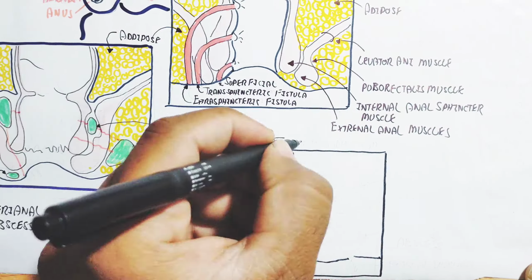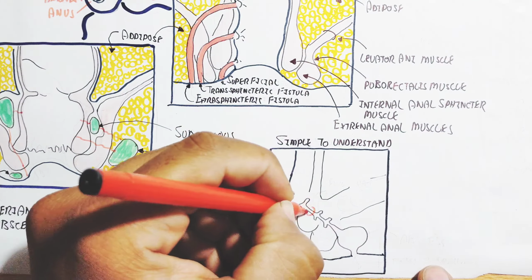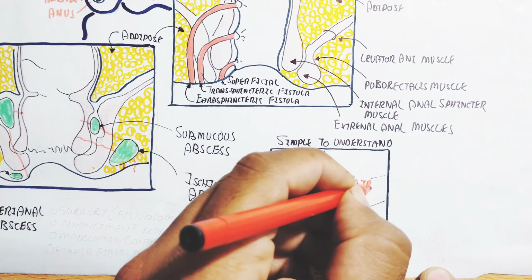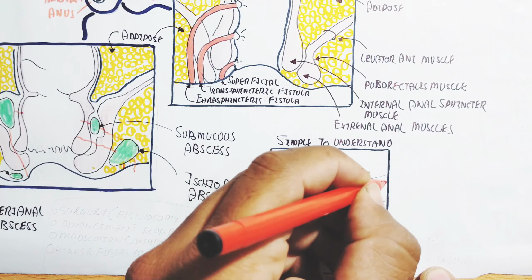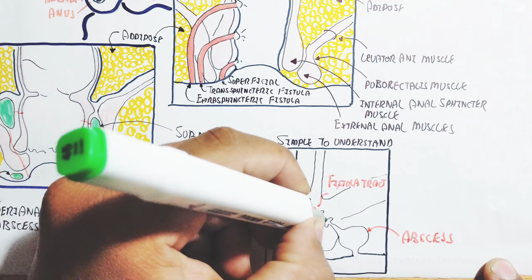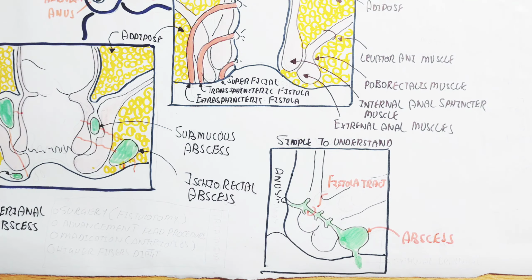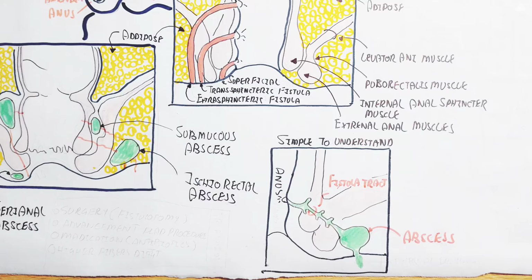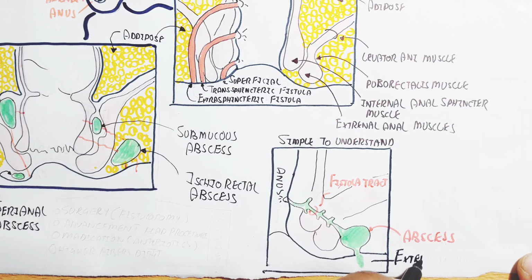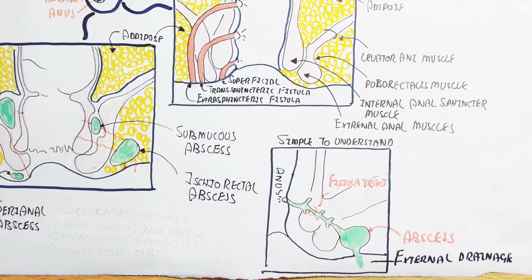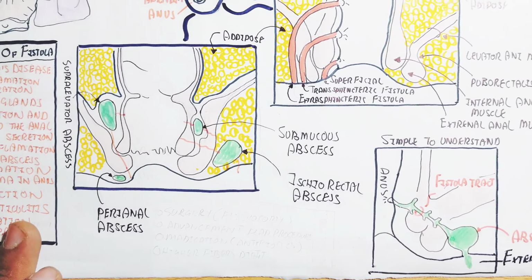To make it simple to understand, here is the fistula tract formation where the abscess forms, and this abscess is linked with the blockage of the gland, and this leads to abscess formation due to the accumulation of pus, which then releases the pus inside or outside. So remember this external drainage or internal, it depends on the nature.